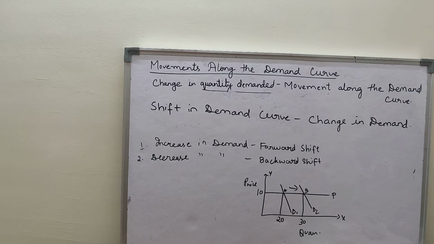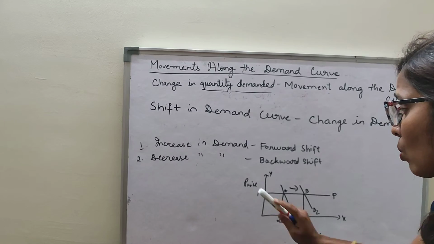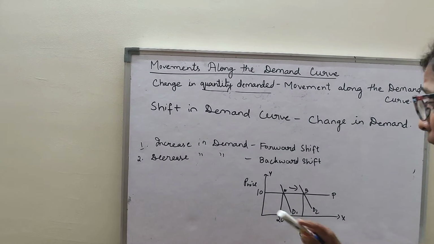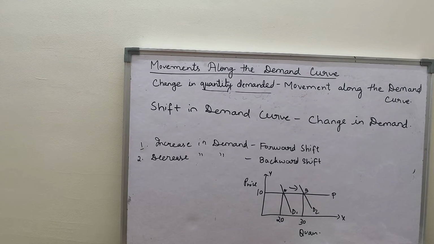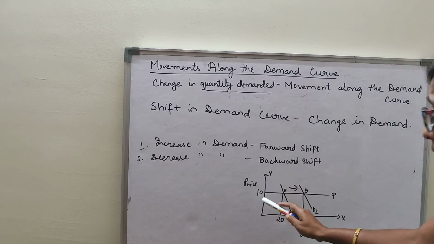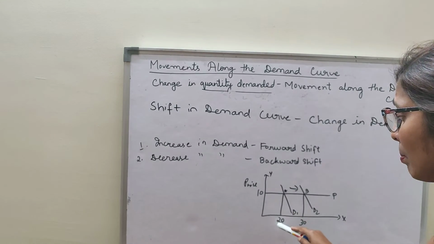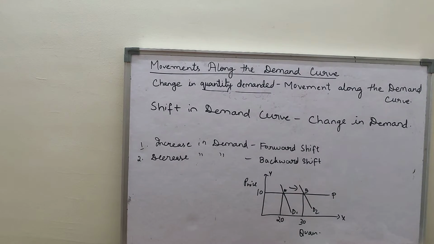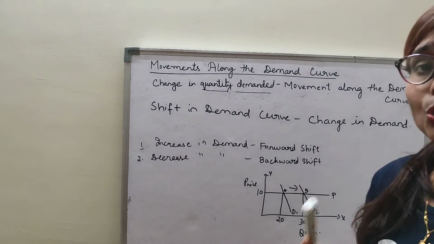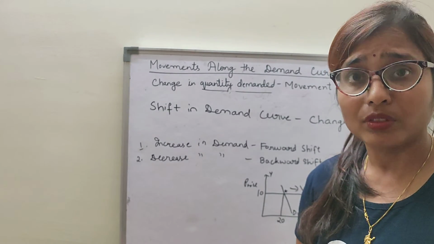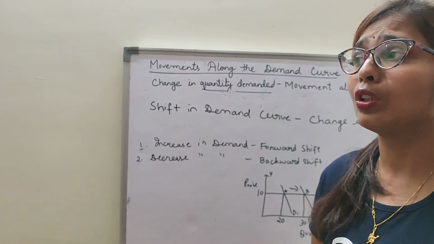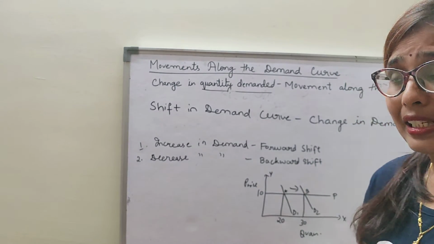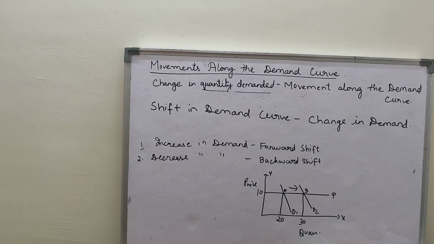Consumer demanded 30 units. But even though the price is constant, consumer now demanded 20 units. What does it mean? Even though the price is constant, consumer now demanded fewer units of the commodity. It might be due to loss of taste for the good, or consumer income decreases, or the price of the complementary good increases.